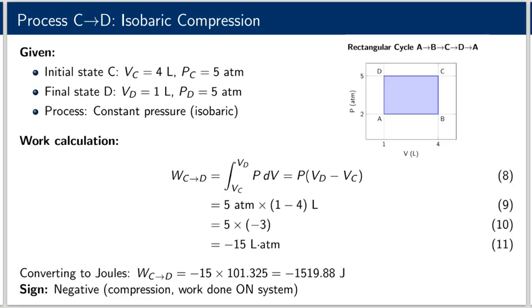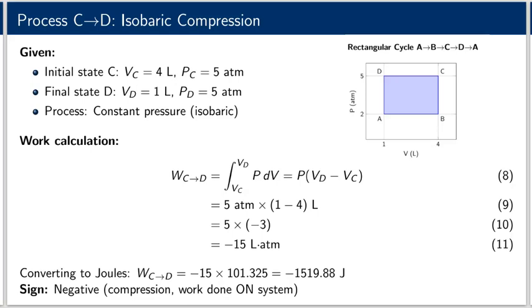Next is process C to D, isobaric compression. Pressure remained at 5 atmosphere while volume decreased from 4 liter to 1 liter. So work equals 5 atmosphere times the change in volume, which is actually negative 3 liters. Here PdV, so P is 5 atm, dV means Vd minus Vc. So Vd is 1 liter, that is the D state, and Vc is 4 liter.